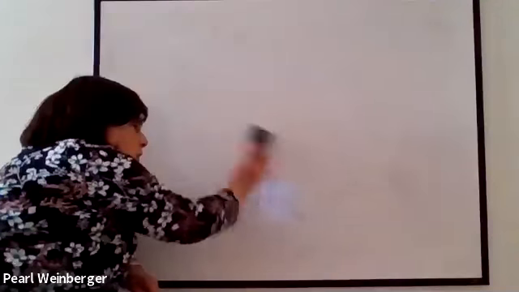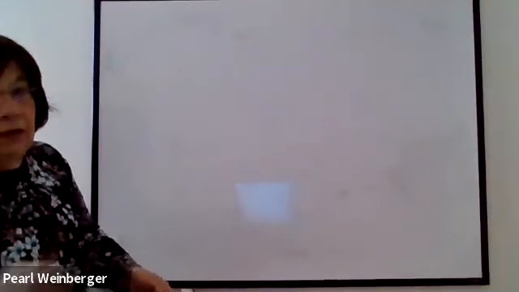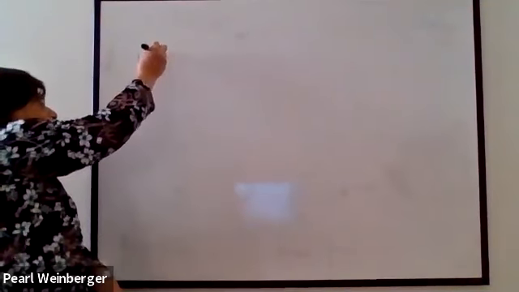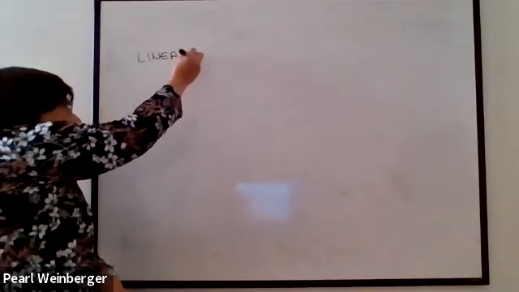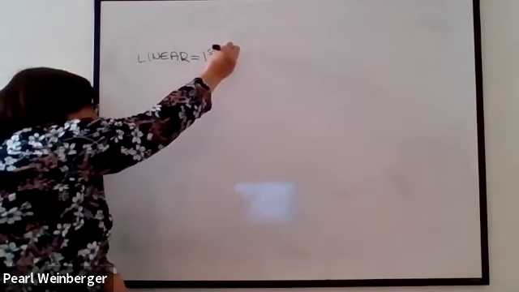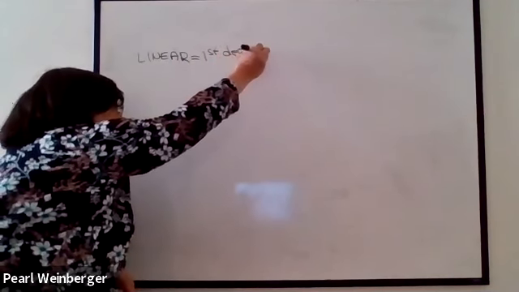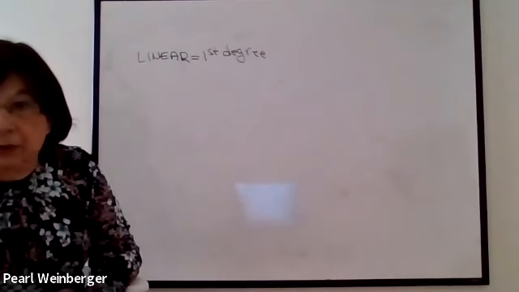The type of equations that we have been solving until now are what we call linear equations. Linear equations are also called first degree equations. In other words, all the equations we've been solving didn't have any exponents.